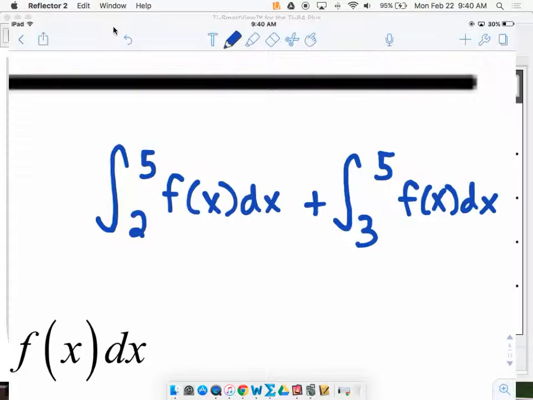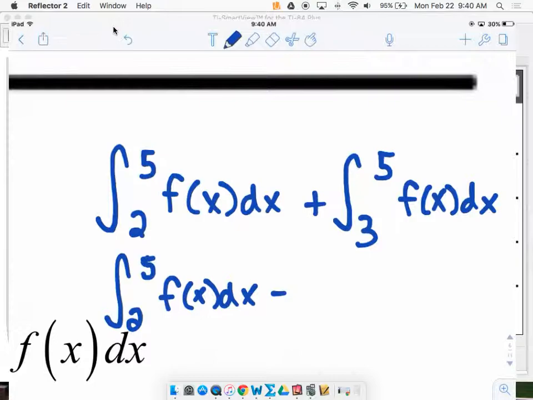If I was interested in taking those two integrals and putting them together to make one simple integral, instead of having to do the integral twice, I can rewrite this one. Instead of going from 3 to 5, I can flip it and make it go from 5 to 3, and then that plus sign will become a minus. So you can have it, say, from 2 to 5 minus, say, 5 to 3.